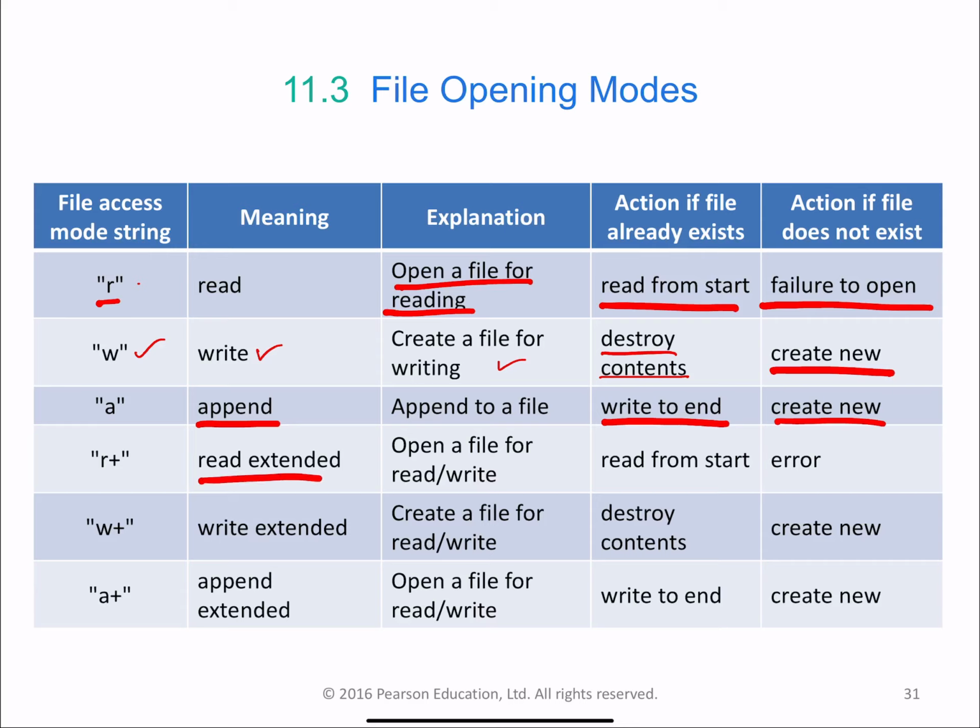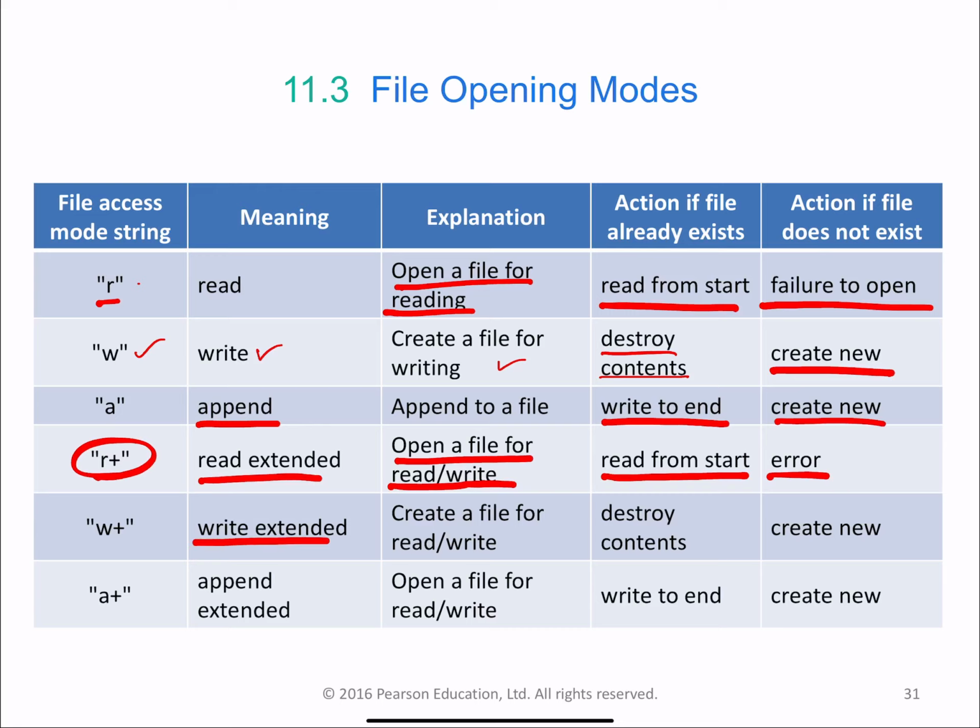Then there's a read extended mode, which allows you to open a file for reading and writing, both. Reading begins from the start, but if the file does not already exist, you get an error. And the string for that, for the second argument of fopen, is r+.